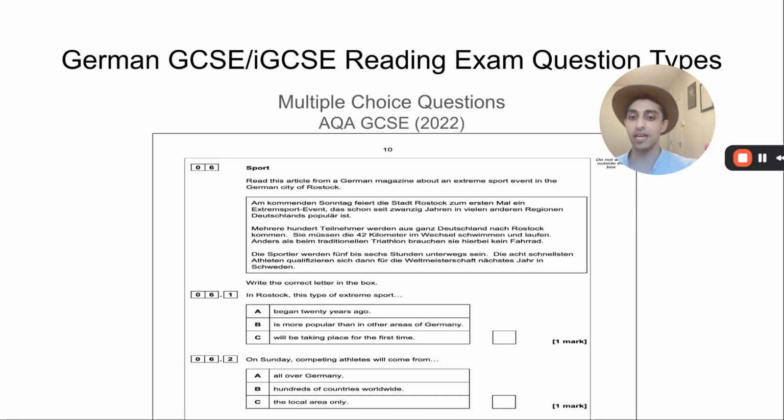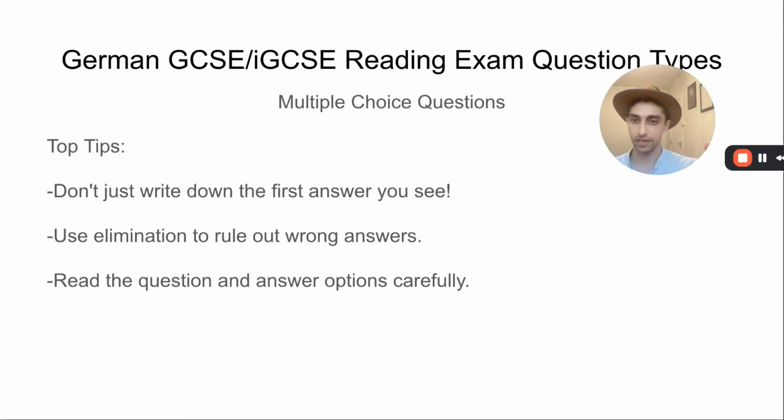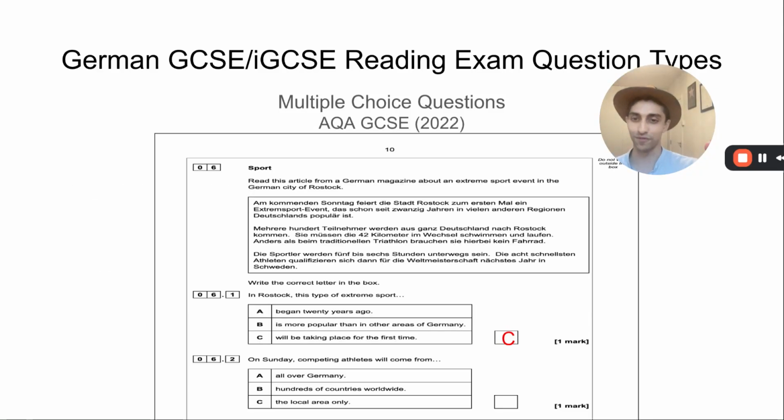So A and B could be eliminated. That can also help you to get closer to the right answer. And the information in the first paragraph tells us that the answer is C. So those are my top tips. Those are the techniques to implement for multiple choice questions. And that is the answer for the particular example that we saw.